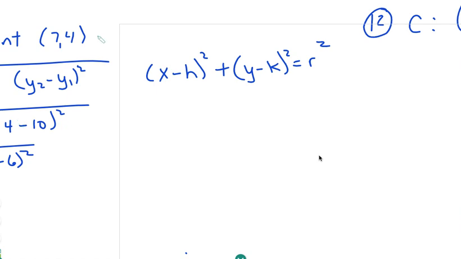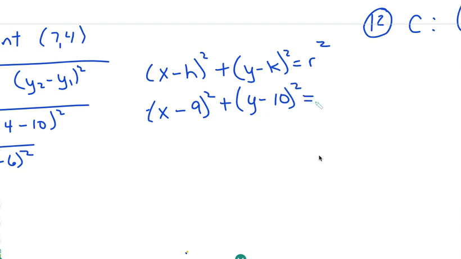Okay, so let's go ahead and find what I'm substituting in. My center is (9, 10). So I'm going to do (x - 9)^2 + (y - 10)^2 = (square root of 40)^2.